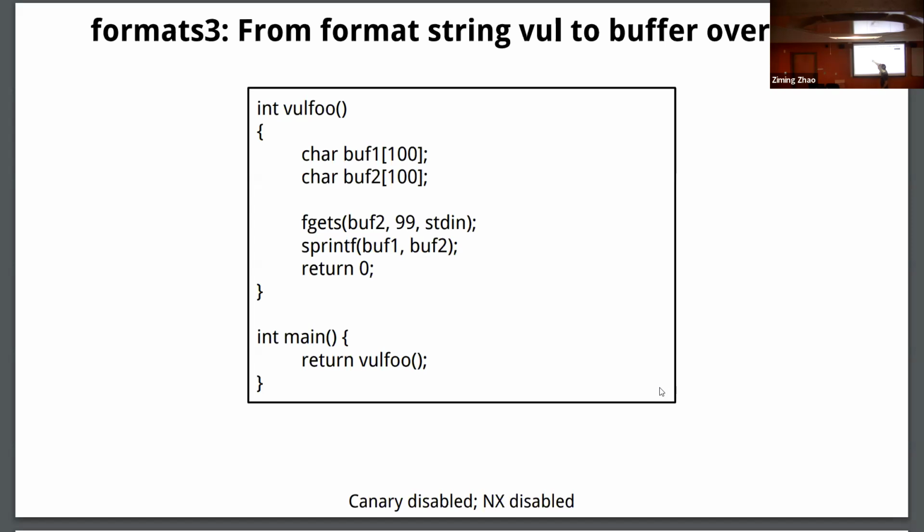However, the next line, sprintf, will print whatever is in buffer 2 to buffer 1. And where do you get buffer 2? Buffer 2 is user input, can be anything. Buffer 1 is on the stack, 100 bytes.